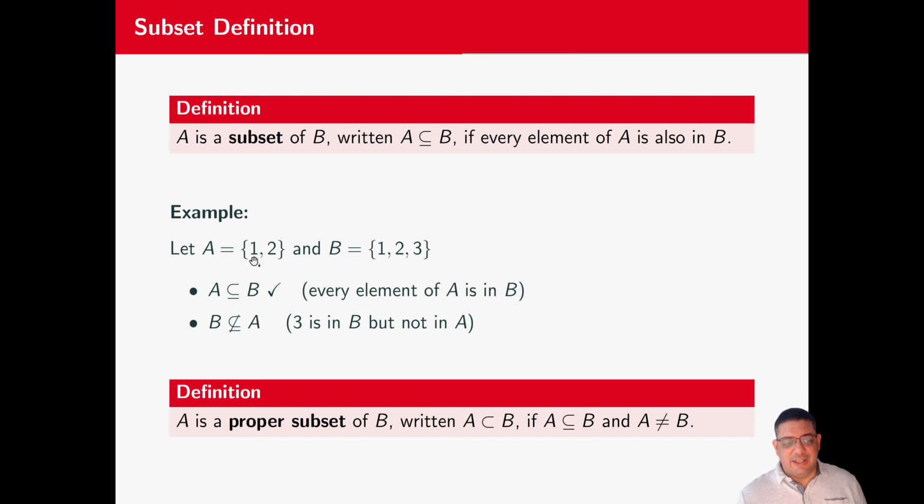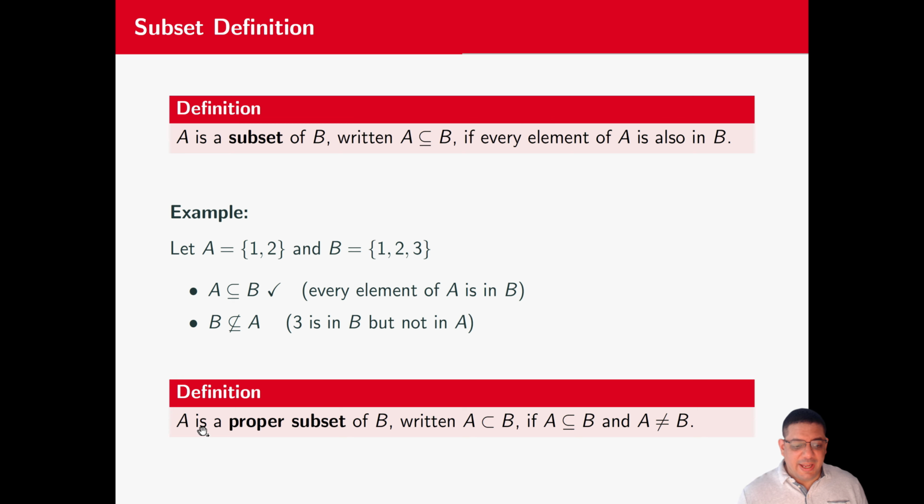Because every element that is in A, 1 is here and it's also here, 2 is in A, and 2 is in B. In particular, A here is a subset of B, since every element of A is in B, but B is not a subset of A. Why? Because 3 is in B, but 3 is not in A. So that also gives me an example of when it's not a subset.